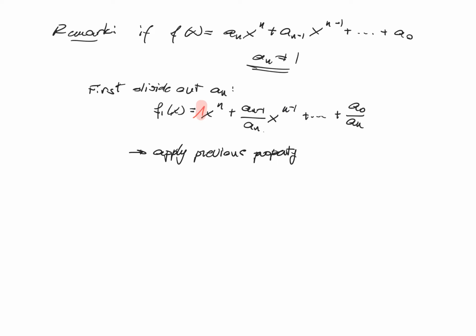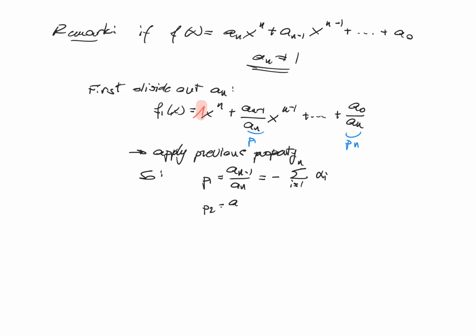In this property, this is P1, this is Pn. So we get that P1, which is an minus 1 divided by an, is minus the sum of all the roots.